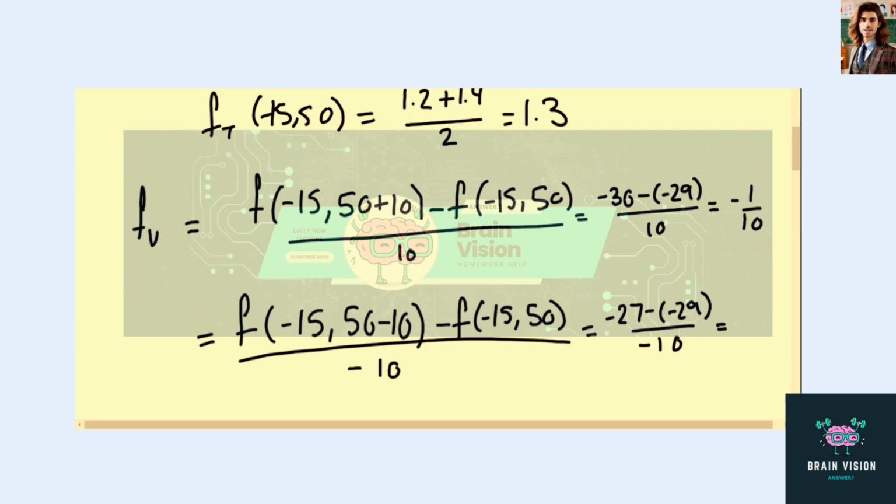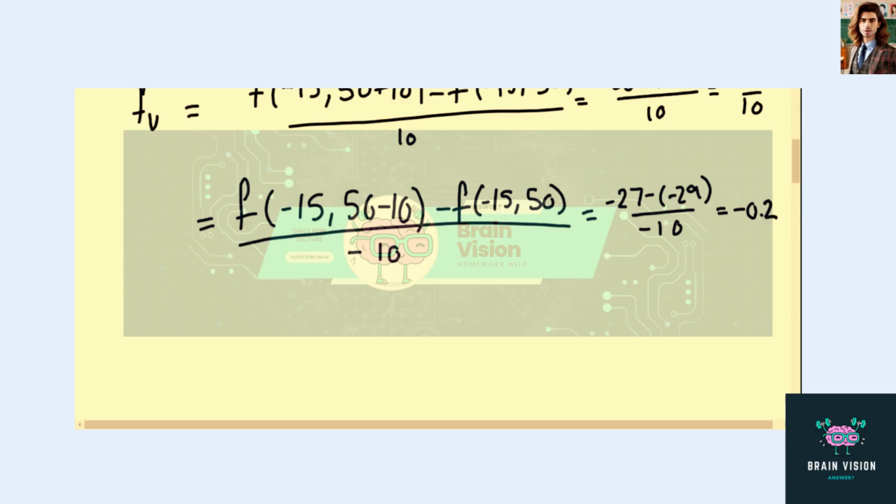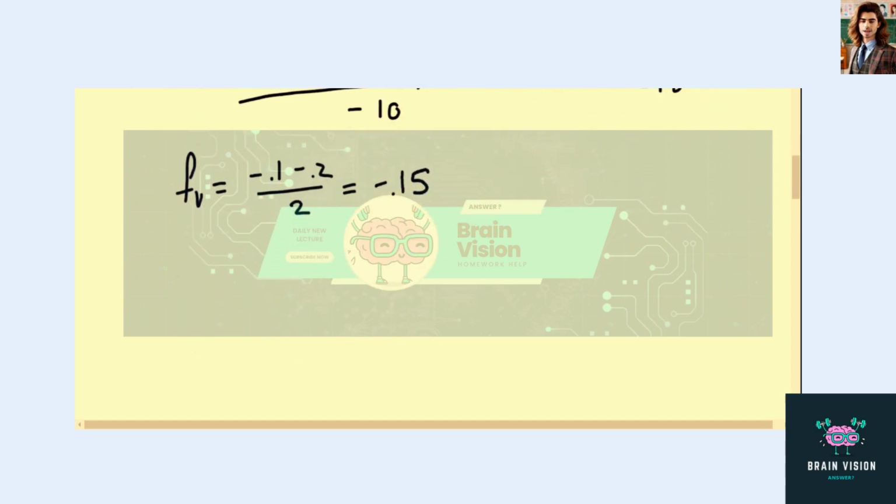And this is equal to negative 0.2 or negative 2/10. I realize I wrote that in two different forms, but the actual average is going to be equal to negative 0.1 minus 0.2 over 2. That's equal to negative 0.15.